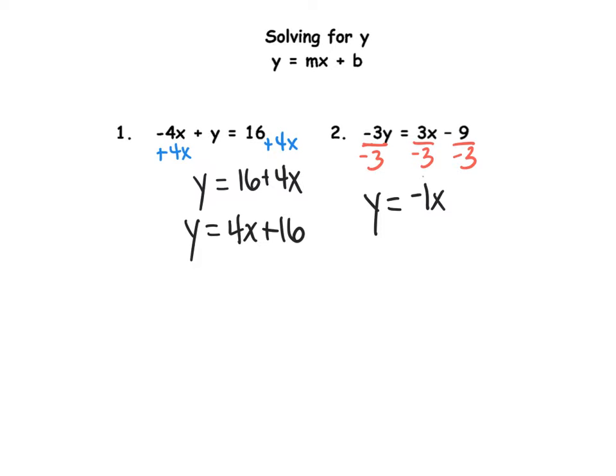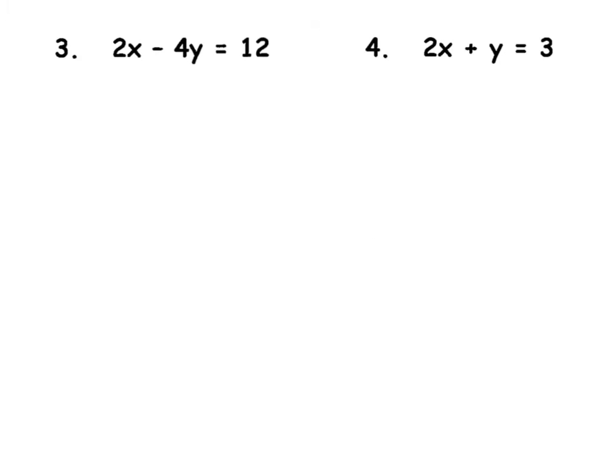You can. Negative 9 divided by negative 3. Sweet. Piece of cake. Number 3. What was that answer? That last answer? Y equals negative x plus 3.